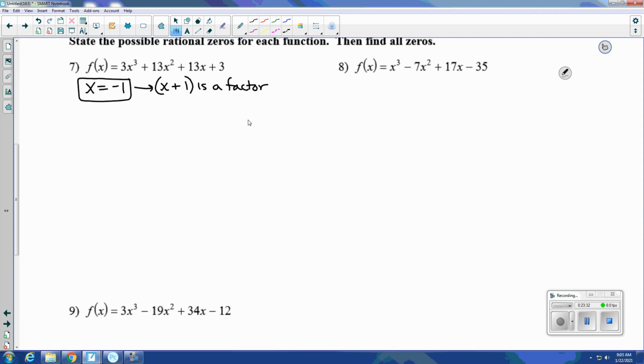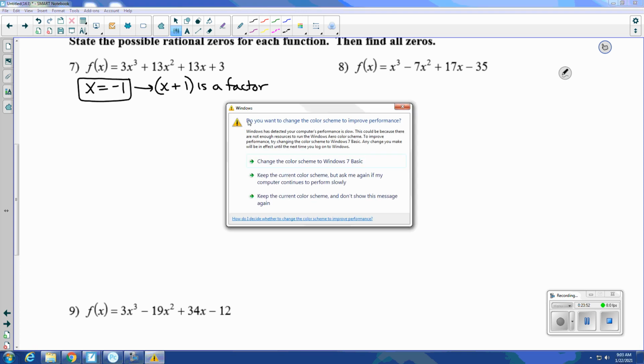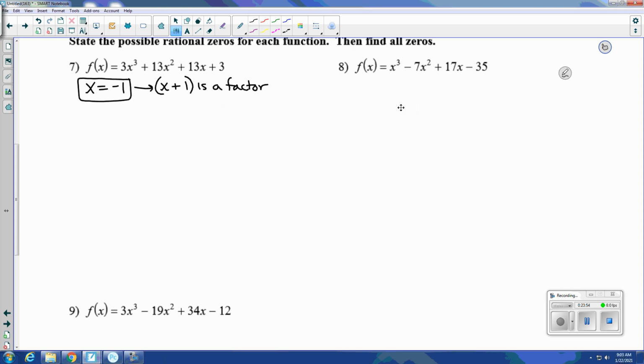So think of reverse engineering the factor, or the polynomial expression, that gave you that solution. We're just moving that negative 1 to the other side of the equal sign. That's where that x plus 1 comes from. Once we've identified a factor, and we know it's a factor because the evaluation of its solution was 0, the remainder was 0, which is our factor theorem.